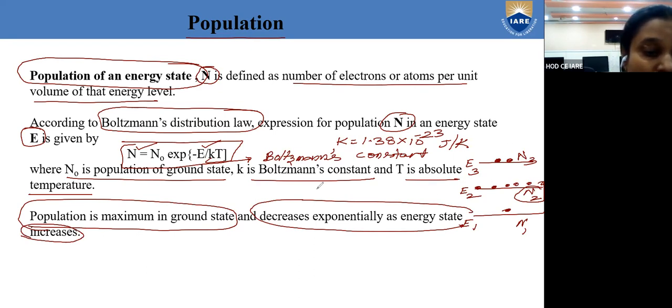As energy level increases, population will decrease. So this is a very important point. Note down this definition in your notes, okay, students.